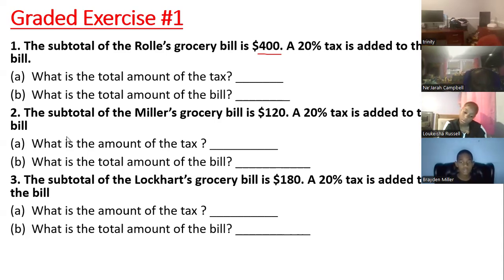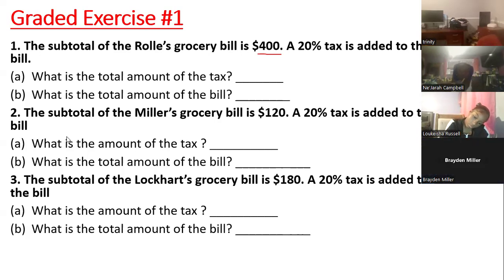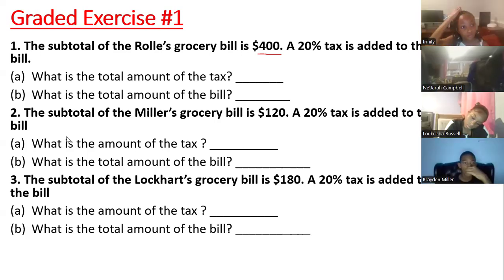A 20% tax is added to the bill. Read part A. A, what is the total amount of the tax?